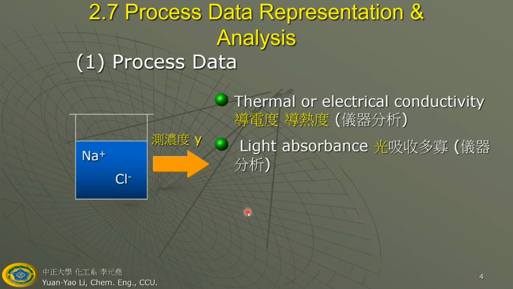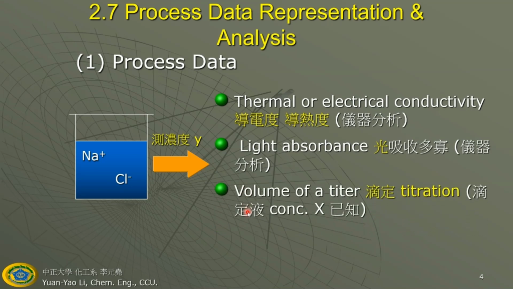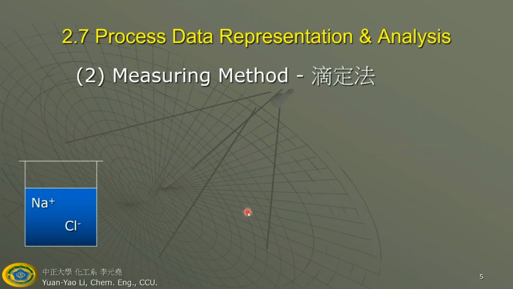And we can use titration. This is basic chemistry. You can learn this in a basic chemistry lab, right? So there are many ways to do it.